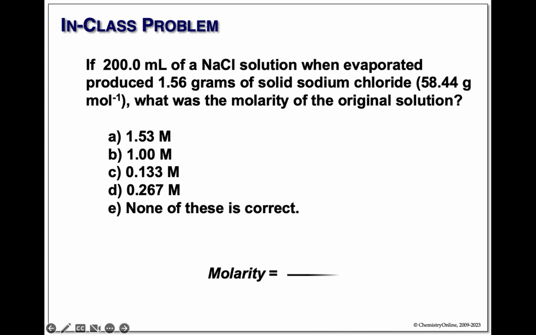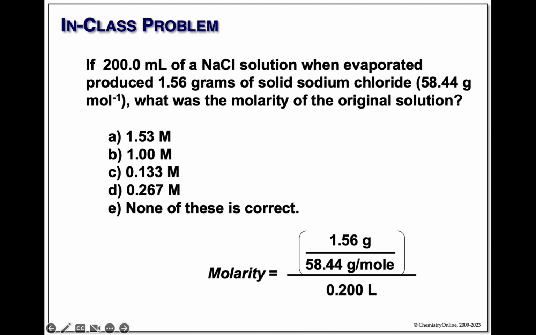Our molarity is going to be the number of moles divided by our volume, which was 0.2 liters. Our moles are going to be our mass, 1.56, over our molar mass, 58. Grams cancel, moles goes up top. 1.56 divided by 58, divided by 0.2: 1.33.